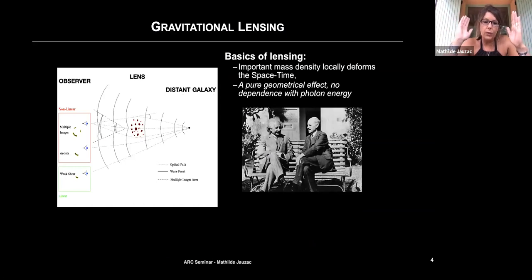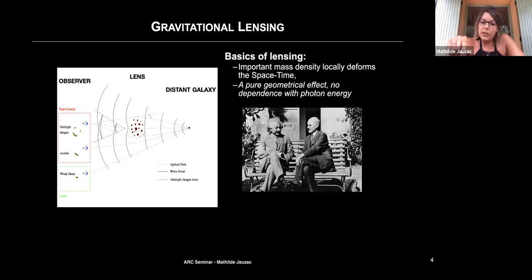If there is nothing between us and this galaxy, then you're going to see this galaxy intrinsically fainter and fainter as it's further and further away from us. However, if you end up putting something in between this galaxy and us, then the light rays are going to be distorted, magnified, and in that sense, being lensed.